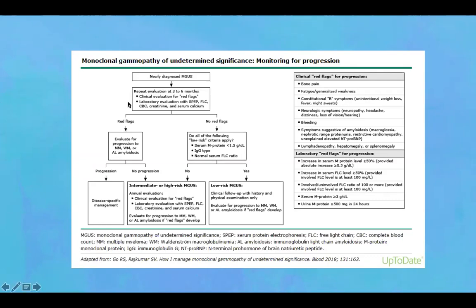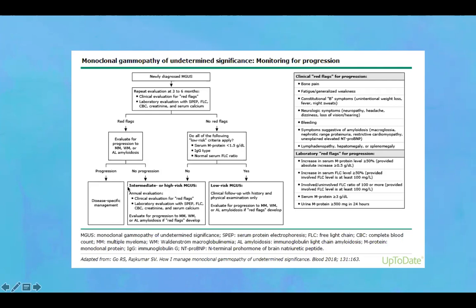If we see any red flag, something that tells us, okay, this patient is not having MGUS but can have multiple myeloma, we're going to be evaluating for other diseases such as multiple myeloma, amyloidosis, and also smoldering myeloma. And if we see a progression, the treatment that we're going to be using in the patient is disease-related.